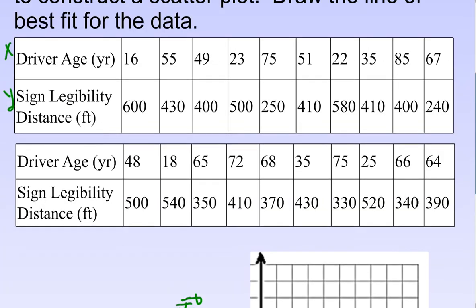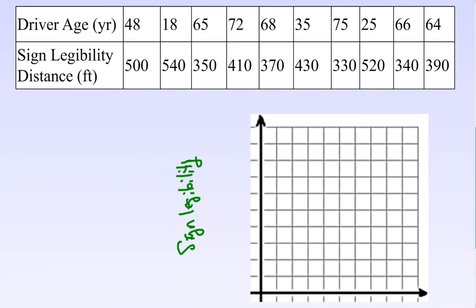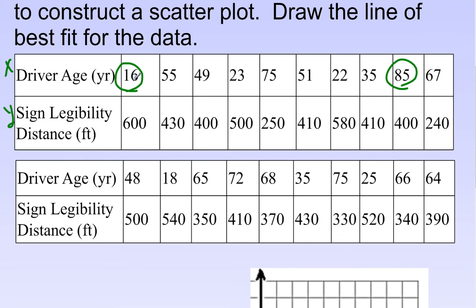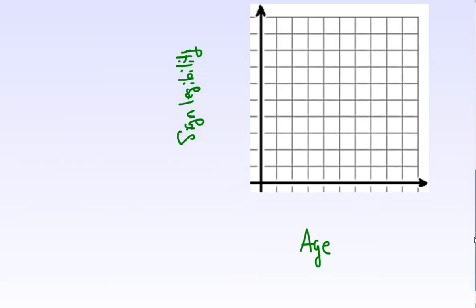And let's see, age. Well, we're talking about drivers, so you're not going to talk about anything less than 16. So that is the lowest, and I'm looking for the highest. There's an 85 here, and that appears to be the highest. So my scale needs to go from at least 16 to at least 85.